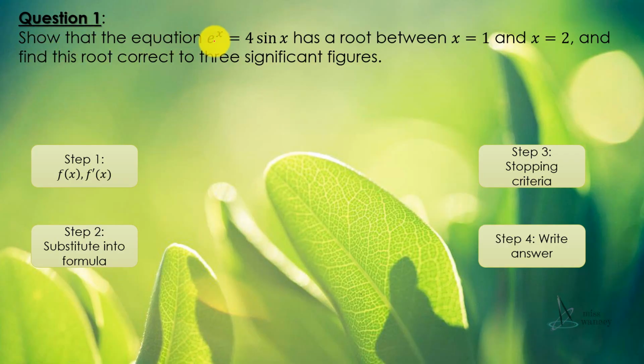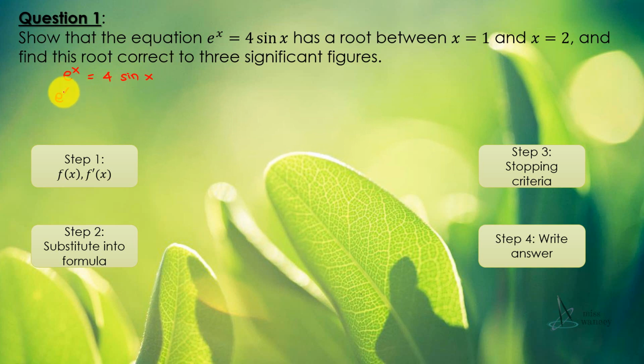Show that the equation e^x = 4 sin x has a root between x = 1 and x = 2, and find this root correct to 3 significant figures. So what we have is e^x = 4 sin x. Firstly, we need to know what is our f(x). One side of them should be equal to 0, so you can either bring this one to the right hand side or bring this one to the left hand side.